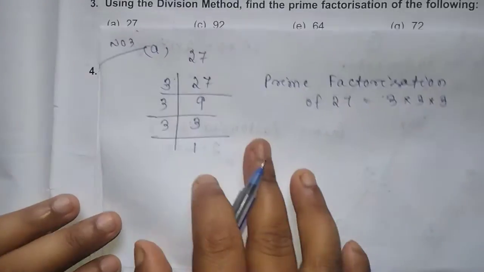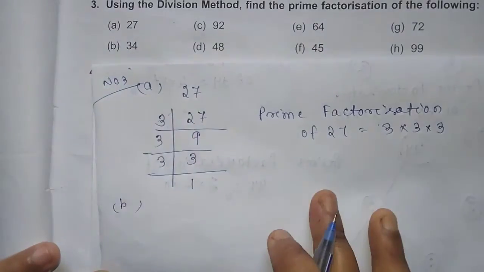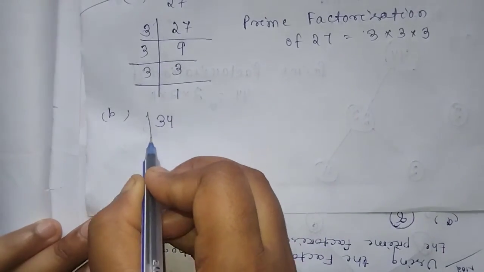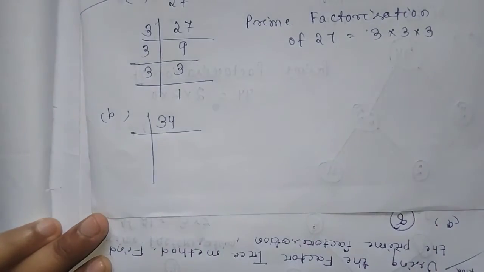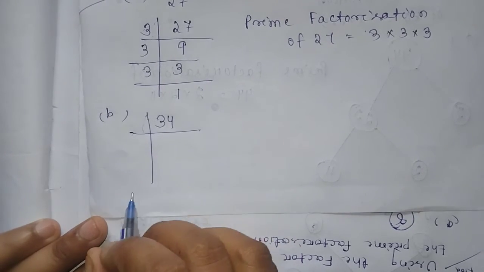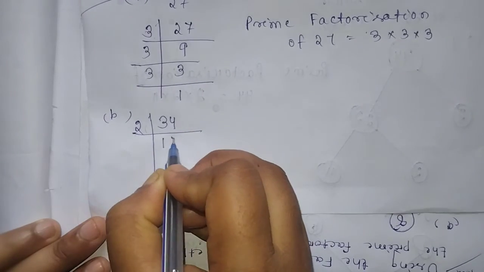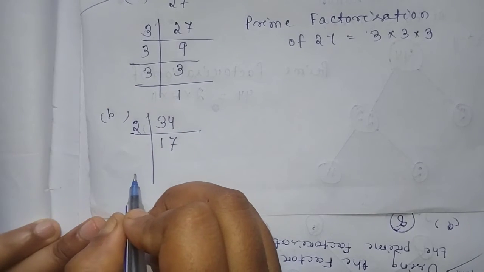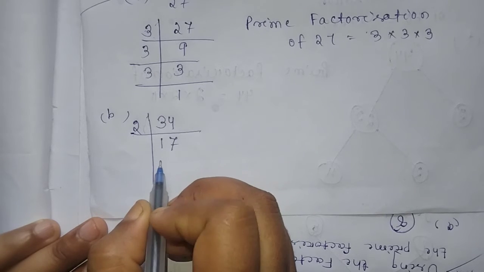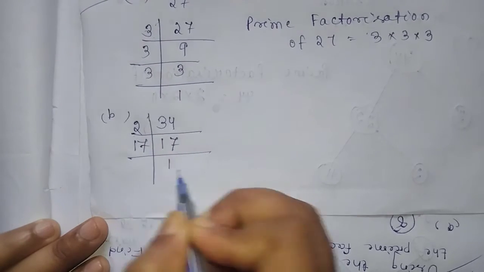Then B, 34. Divide 34 by the prime number 2. 2 sevens are 14, 17. And we write the quotient below. Then we divide 17 by the prime number 17. 17 ones are 17.